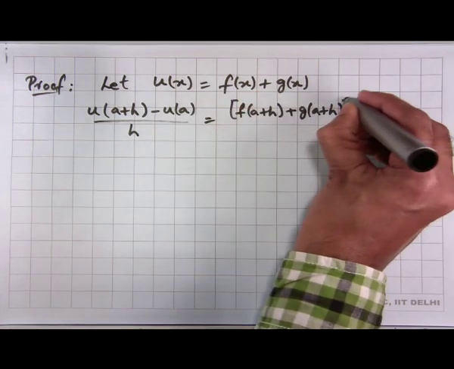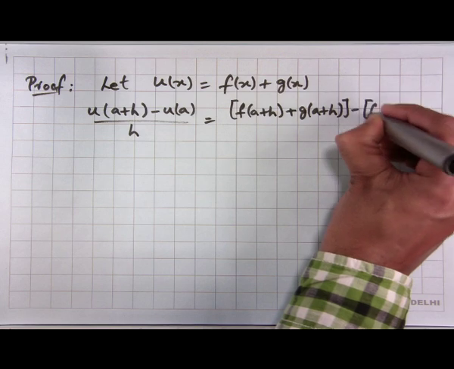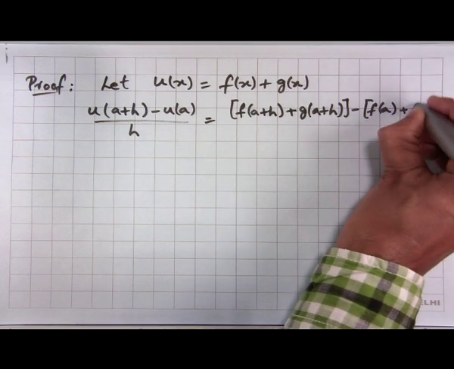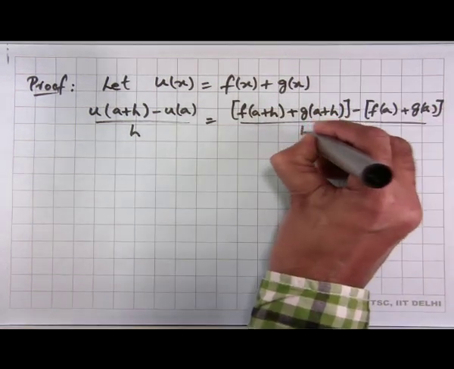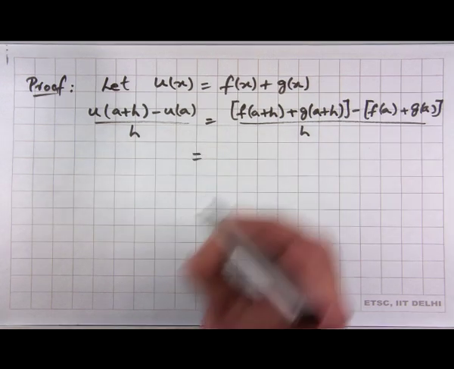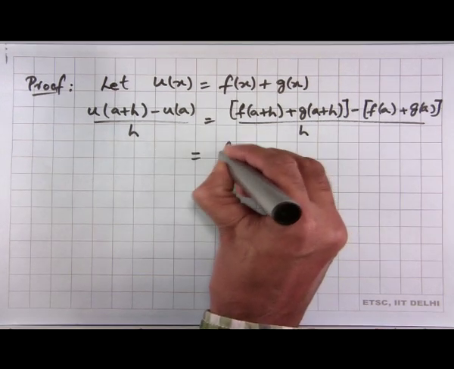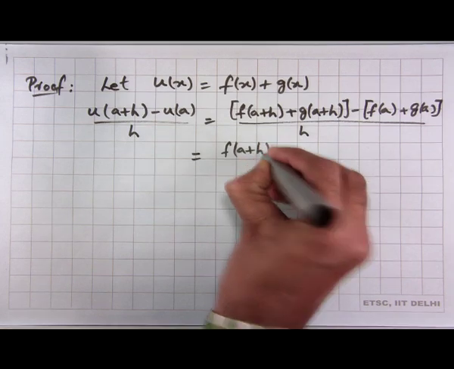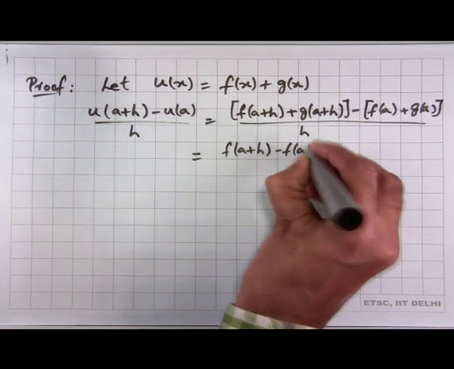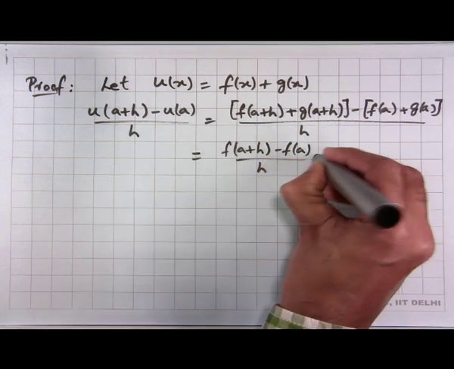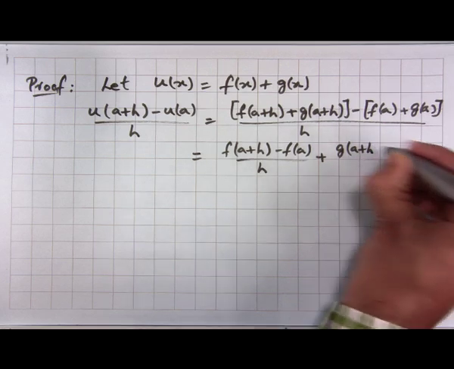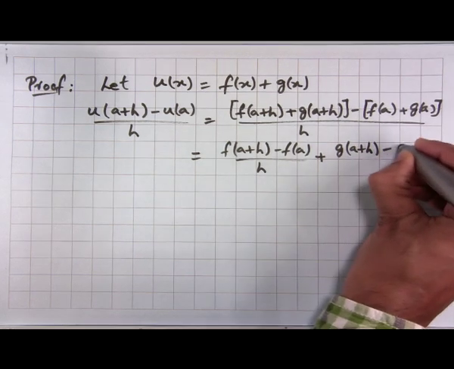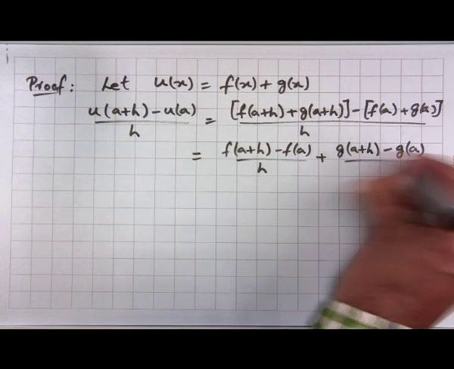This minus u(a) is f(a) plus g(a), divided by h, and this can be written as the sum of f(a plus h) minus f(a) divided by h plus g(a plus h) minus g(a) divided by h.